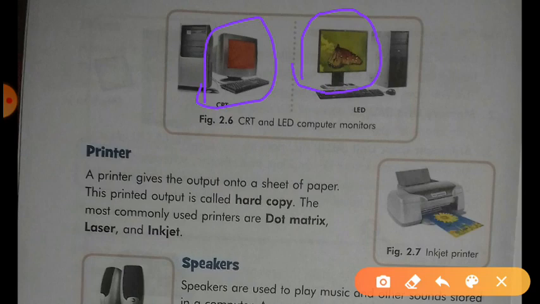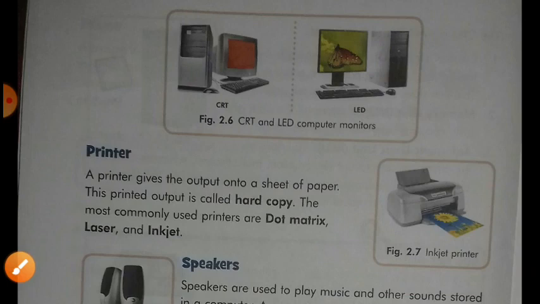Now come to the next topic, that is printer. A printer gives the output onto a sheet of paper. This printed output is called hard copy. The most commonly used printers are dot matrix, laser and inkjet.